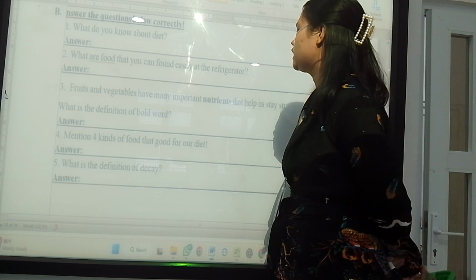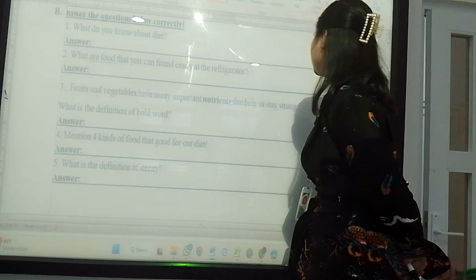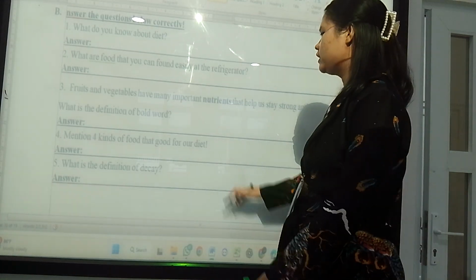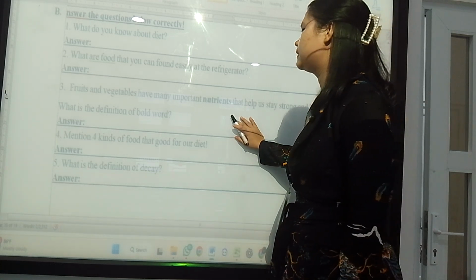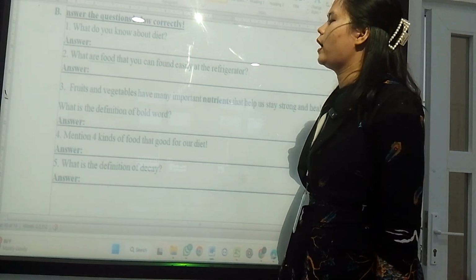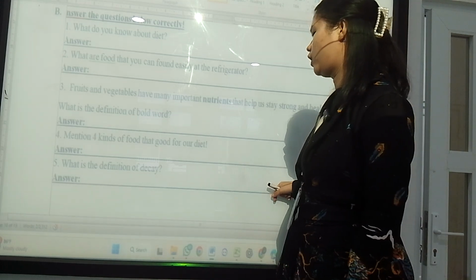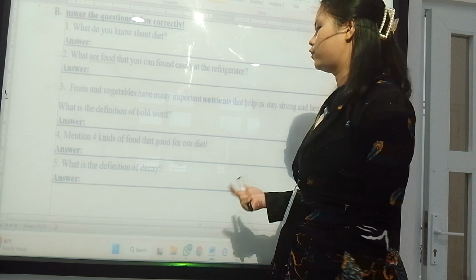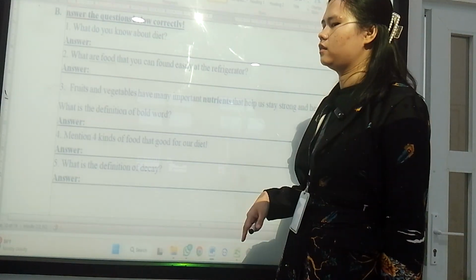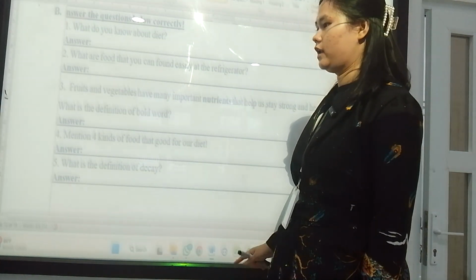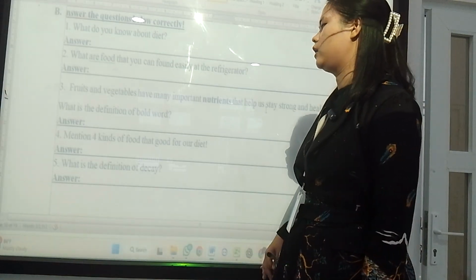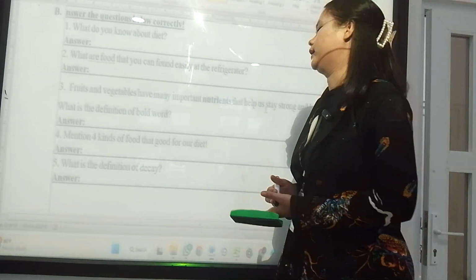Fruit and vegetables have many important nutrients that help us stay strong and healthy. Nutrients, the definition of nutrients, is food for growth and energy. Mention four kinds of food that are good for our diet: vegetables, fruit that is less sugary, egg, and protein from chicken.